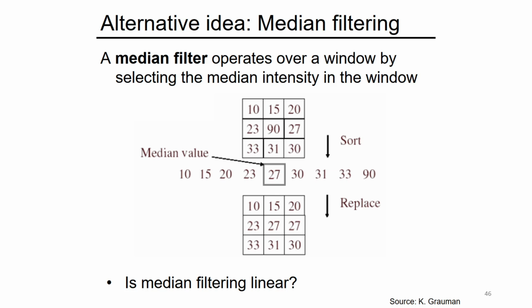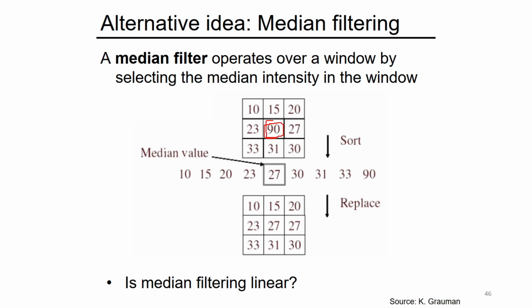If we want to filter out this value of 90, what I will do is sort all of the surrounding pixels from the smallest one to the largest one: 10 and 15 come from here, 20 from here, 23, 26. Then I take the median value to replace the original value. So this is a median filter.